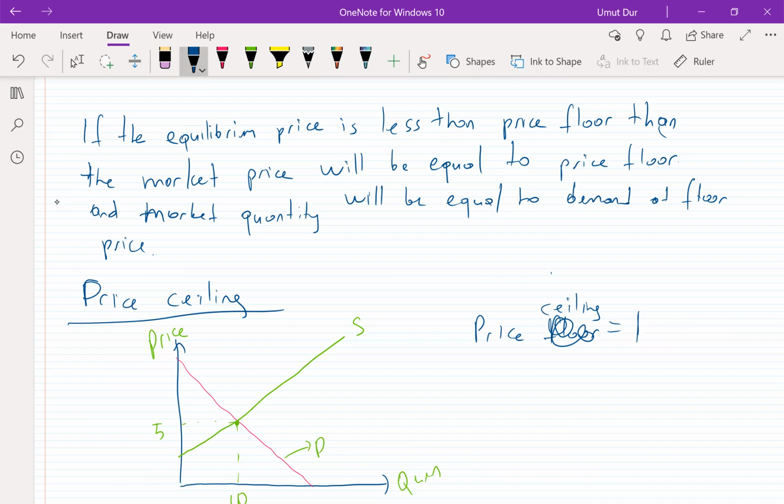If the price ceiling is 10, which is the maximum price that can be charged in the market, then since it is greater than the market equilibrium price, this will have no effect on the transaction. But what if the price ceiling is 4?